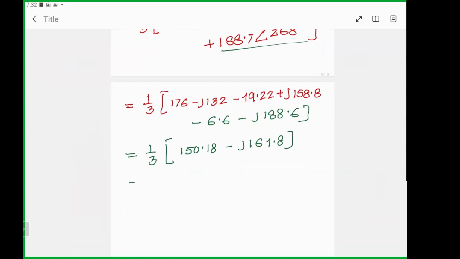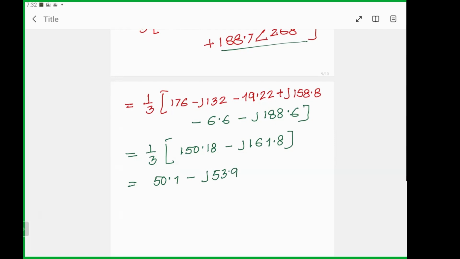And if you divide by 3, you got 50.06 minus J53.9, about 50.1 minus J53.9.